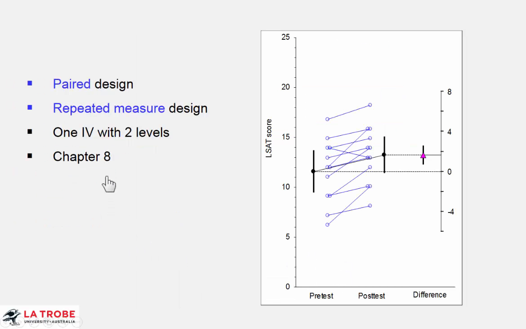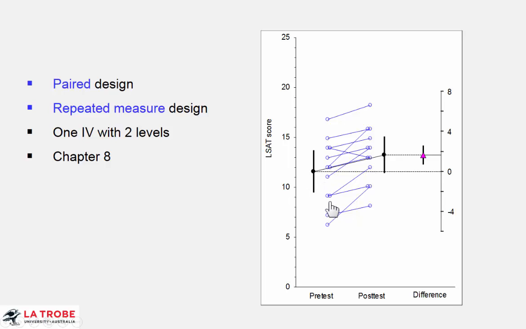The next step was Chapter 8, where we looked at a repeated measure design, the paired design, the simplest repeated measure design. So we had a single group of participants and we tested them twice, say the pre-test and the post-test. We had a single independent variable, 2 levels, and each participant saw both levels of that IV.